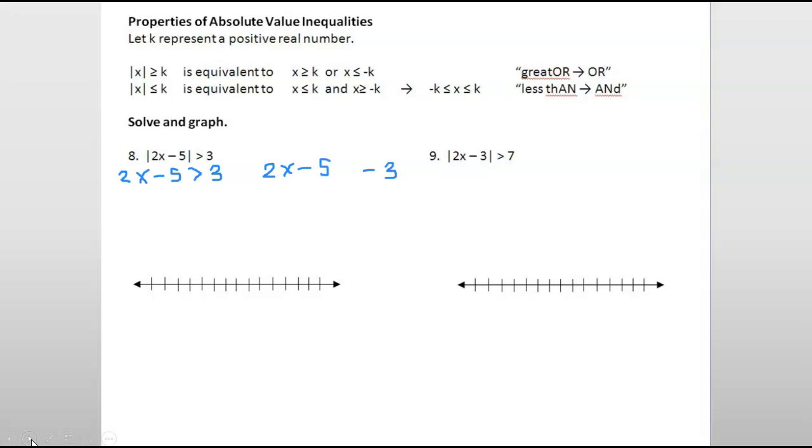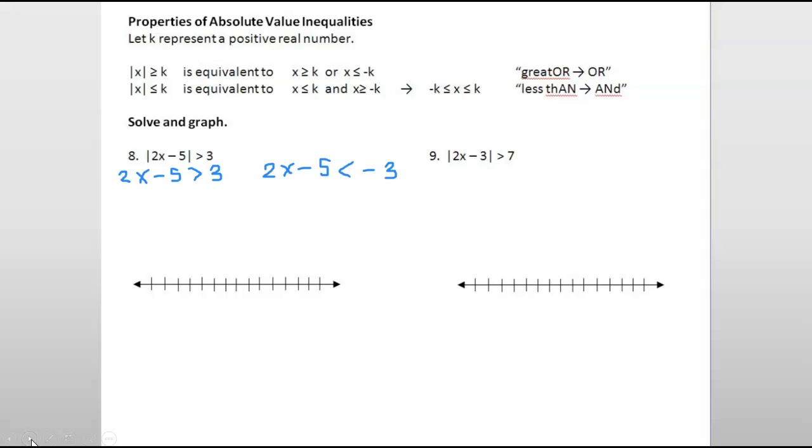But we know that if an inequality is divided or multiplied by a negative, the direction of the inequality changes. So with absolute value inequalities, we also change the direction for the new negative side. So you have 2x minus 5 is greater than 3, or 2x minus 5 is less than negative 3.